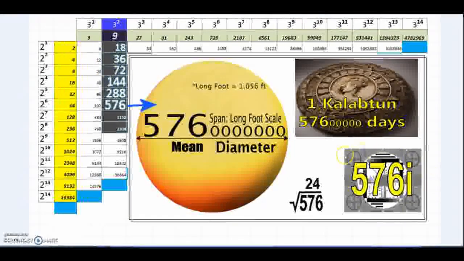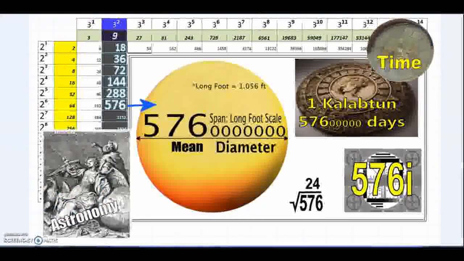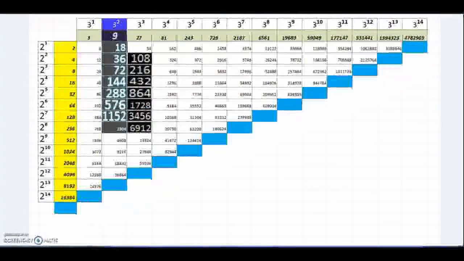Even in screen resolution, 576, and of course, once again, we find this long foot, the Persian foot, which I have to get into because I've been studying this particular measure for a while now, and it just recently all clicked together, just amazing stuff. So we have time, astronomy, also through measurements, so the ruler, and again, electronic age, arithmetic. These numbers are just lovely in that way.